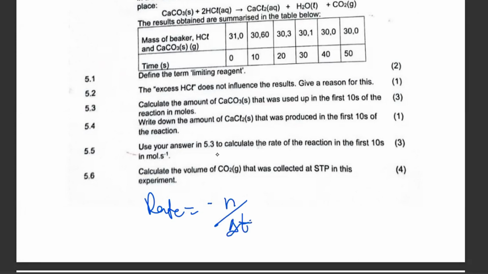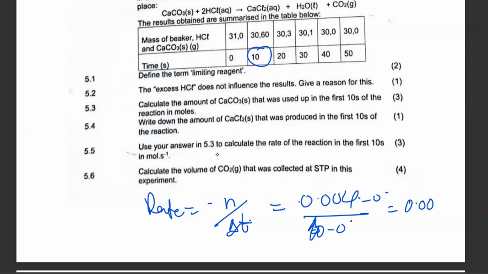Do I know the number of moles? Yes, it was 0.004 by the 10th second. Divided by the change in time, which is 10 minus 0, which is 10. So it gives me 0.0004 moles per second.